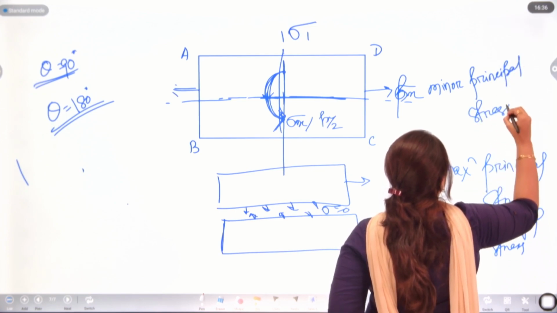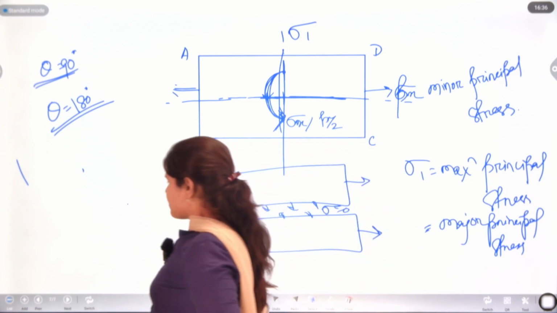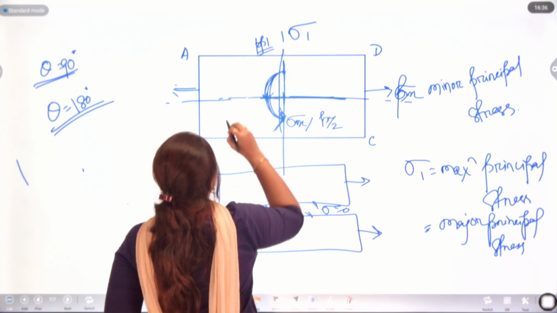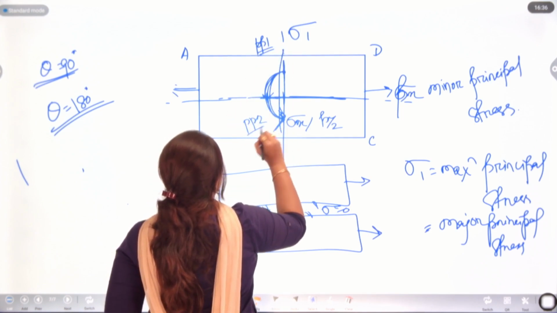Okay. In principal axis, here principal plane 1 and principal plane 2.